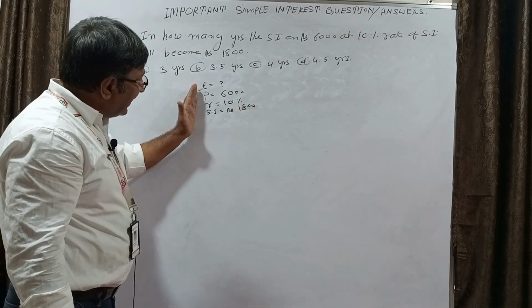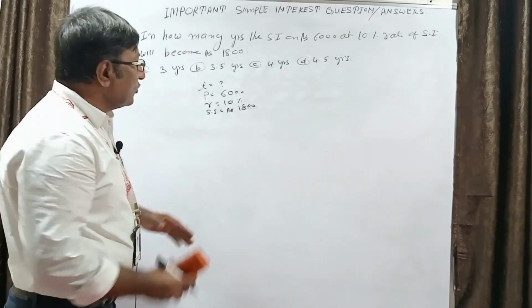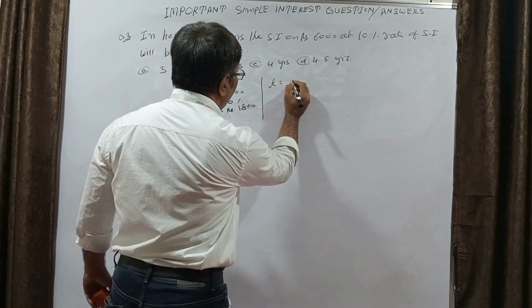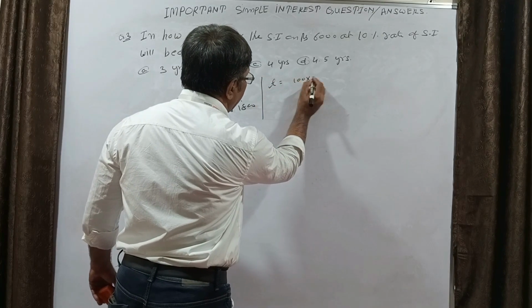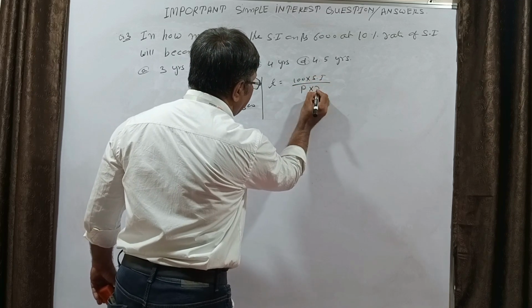Now we have principal, rate and simple interest. What we need is the time. We know the basic formula: time equals 100 multiplied by simple interest divided by principal into rate.